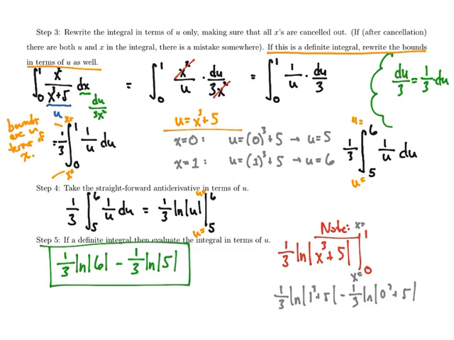But that's just going through some extra work, and we don't need to put everything back in terms of x because we've already changed the bounds in terms of u. So that's another way that we could do it, but it's just more work. So we're going to just rewrite everything in terms of u, leave it in terms of u as we do the definite integral.